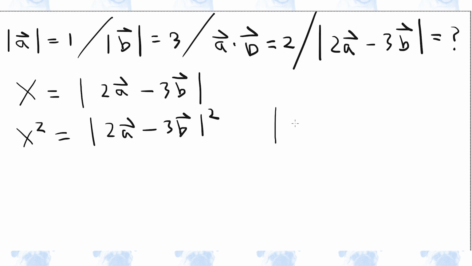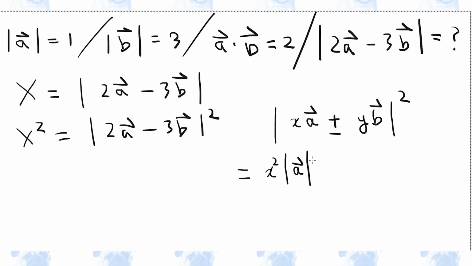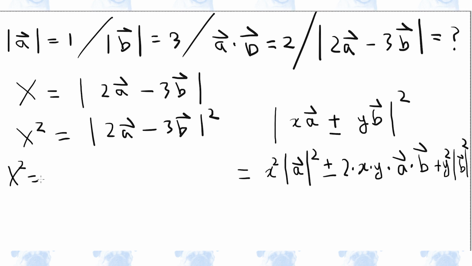Note that the square of the magnitude of x times vector a plus or minus y times vector b is equal to x squared times the magnitude of vector a squared plus or minus 2 times x times y times the dot product of vector a and vector b plus y squared times the magnitude of vector b squared.